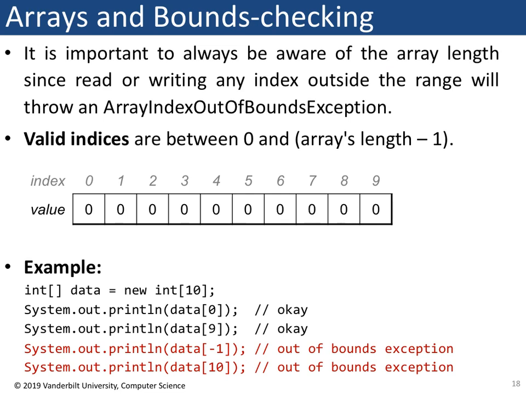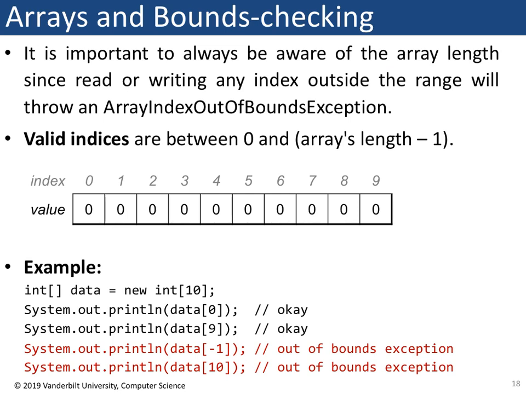Because if you attempt to access element 10 in an array that only has index through 9, so this array does have 10 elements, however, it starts at element 0 and counts to element 9. So if you attempted to access element 10, that does not exist. And that will cause the program to throw an array index out of bounds exception. And that's going to crash the program.